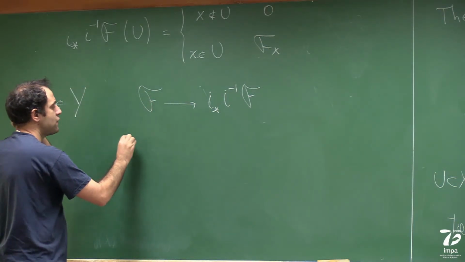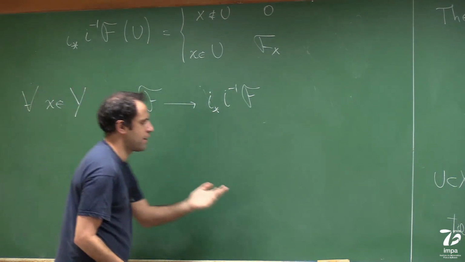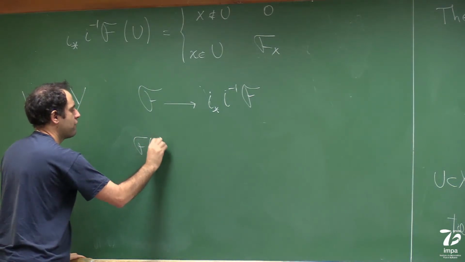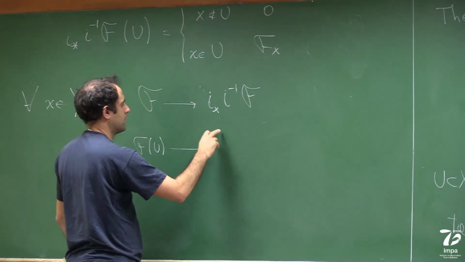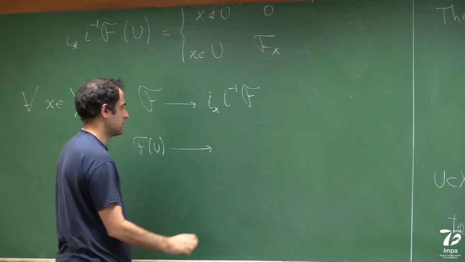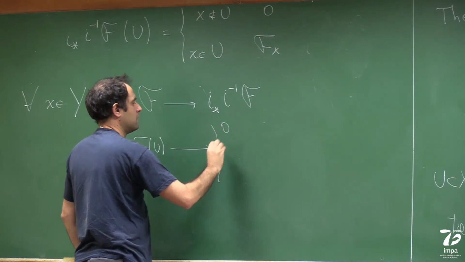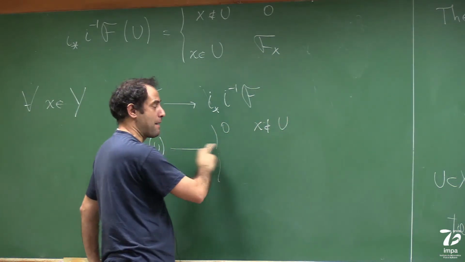So what is this map? Well, if you give me an open U, for every open I need to give you a map from F of U into this, either 0 or Fx. So this is very simple. If X is not in U, then the map is 0.